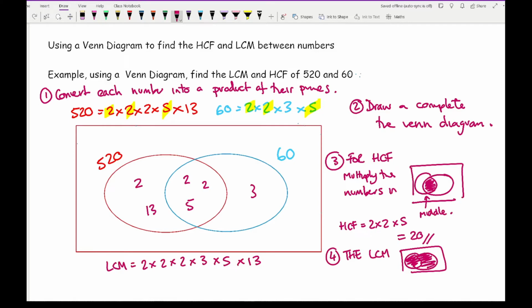Just to check, I've got 1, 2, 3, 4, 5, 6, and I should have 6 numbers, which I've got. So if I multiply all those numbers together, the lowest common multiple is going to be 1560.